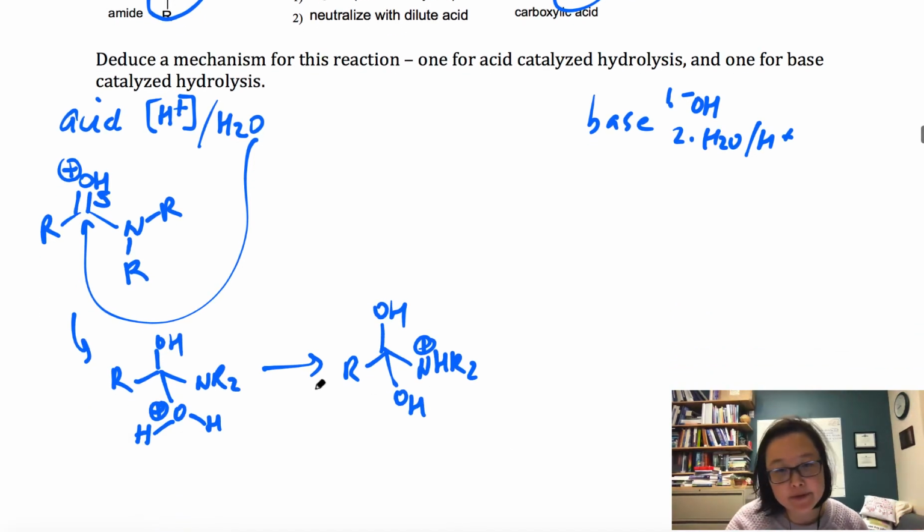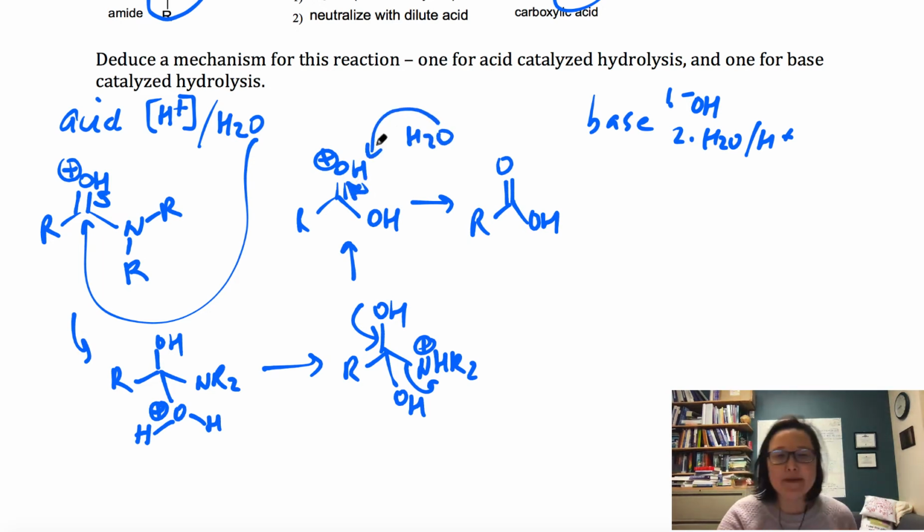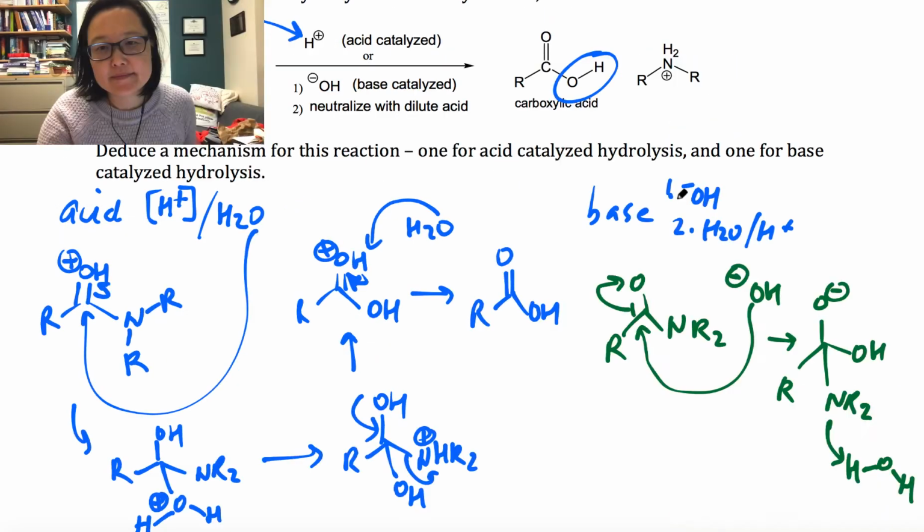I'm implying proton transfers here. And then I have deprotonation of this hydrogen. And that's how I get my carboxylic acid at the end. Did not do a good job on a color scheme, but anyway, that's my acid catalyzed.